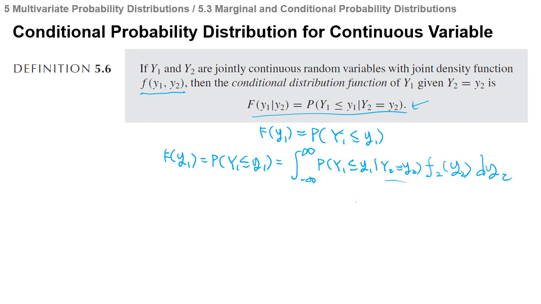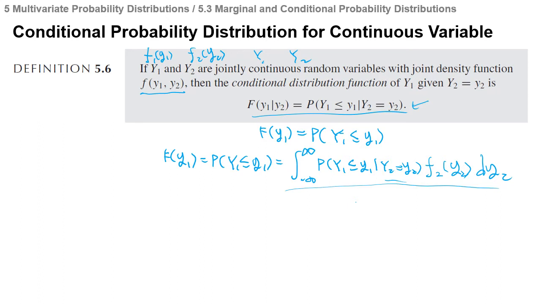And here let's say f1(y1) and f2(y2) are the density functions for each of Y1 and Y2. Then you can calculate F(y1) this way.